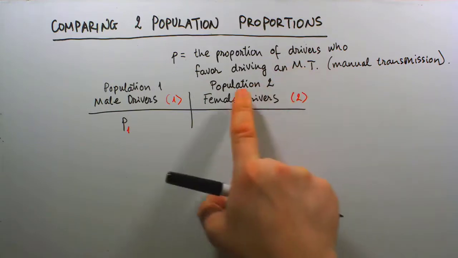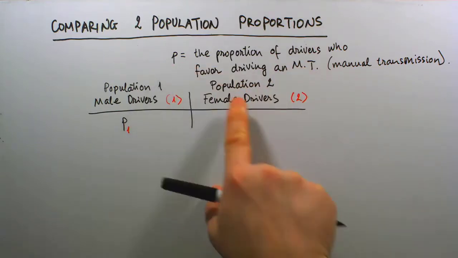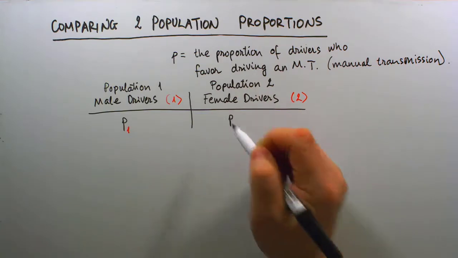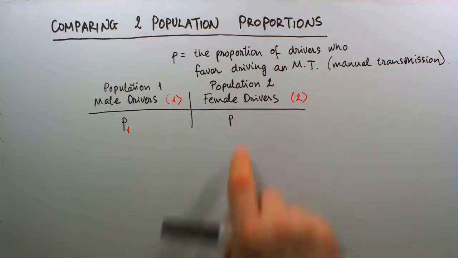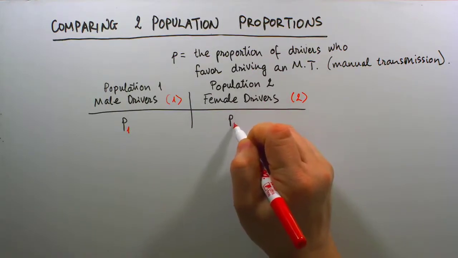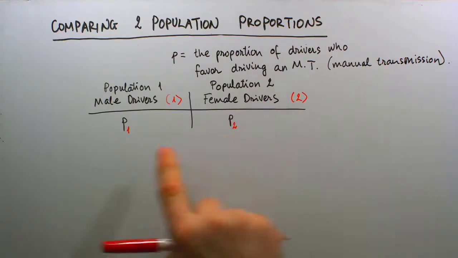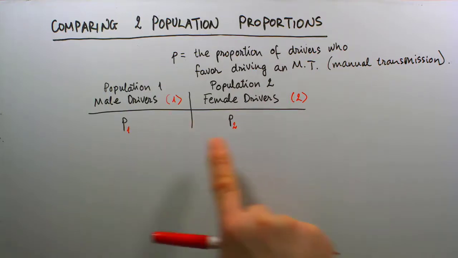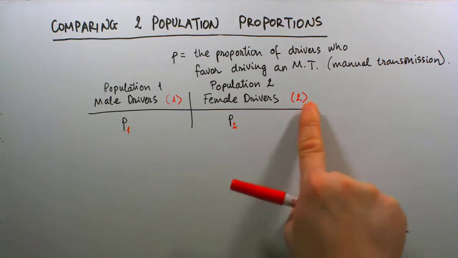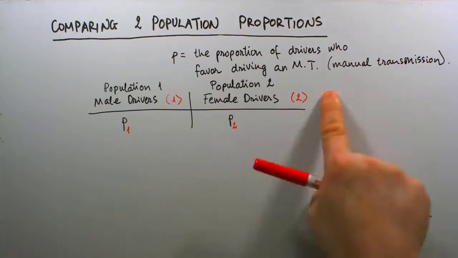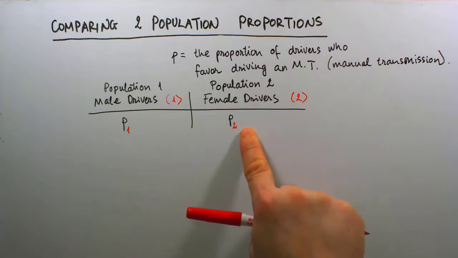Similarly, this same population proportion of drivers who favor driving a manual transmission, if we're studying that within population 2, is a lowercase letter p for population proportion, but now I would assign a subscript 2 for that. Anyone viewing the video will notice I use a subscript consistent with the numerical label of the particular population where our value came from.